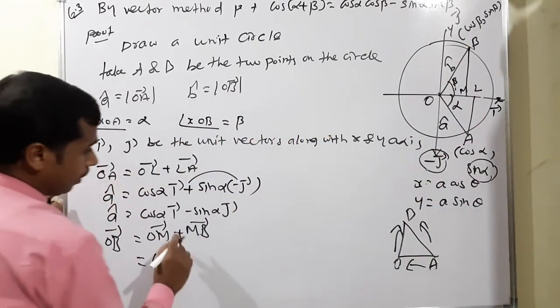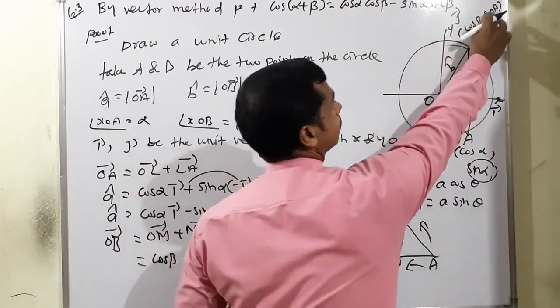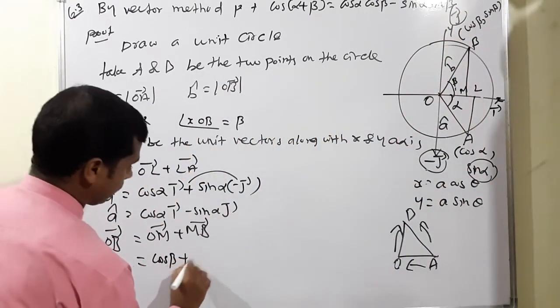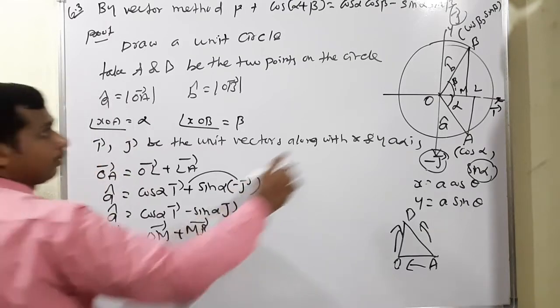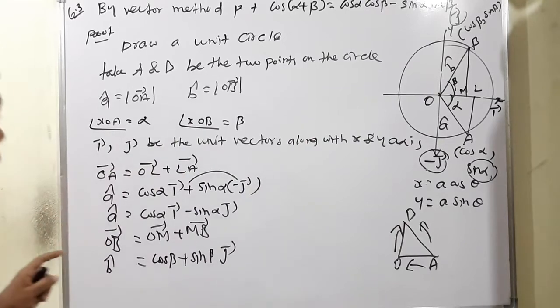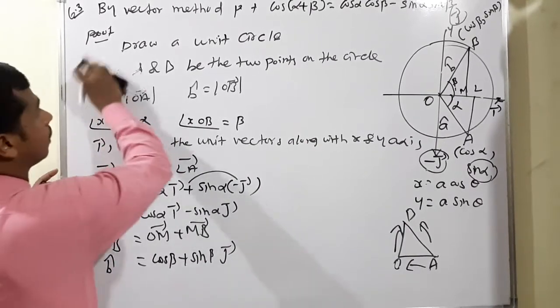MB is along the y-axis, on the upper side, which we know is positive j vector, sin beta. Plus sin beta j vector. OB is the B cap, isn't it? Therefore, look at there.